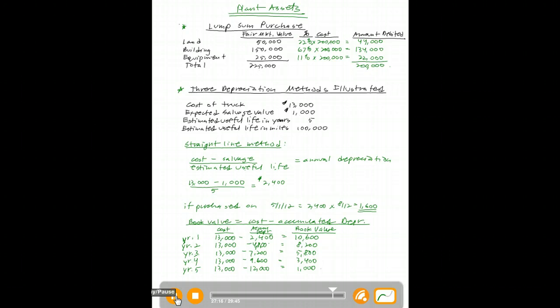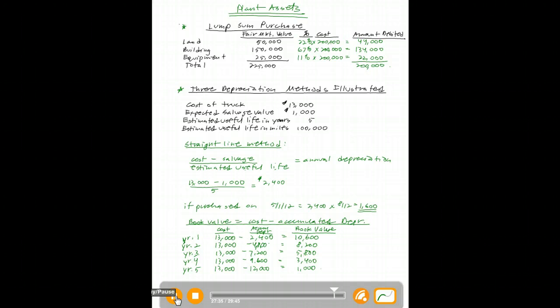So year 2, let's say we mine 900,000 tons. So that's going to be 450,000, and it just continues.